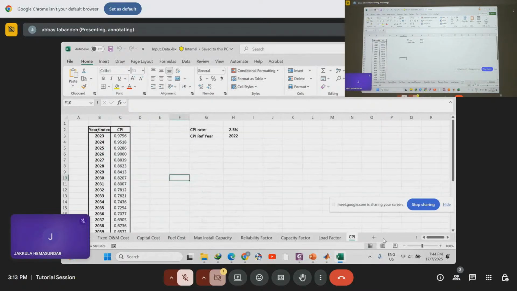And another important parameter is the capital recovery factor, or CPI rate, we call it the discount rate, when you want to calculate the total planning cost. You need to consider the discount rate, because it is important when you want to calculate the net present value of the planning that you would like to do.